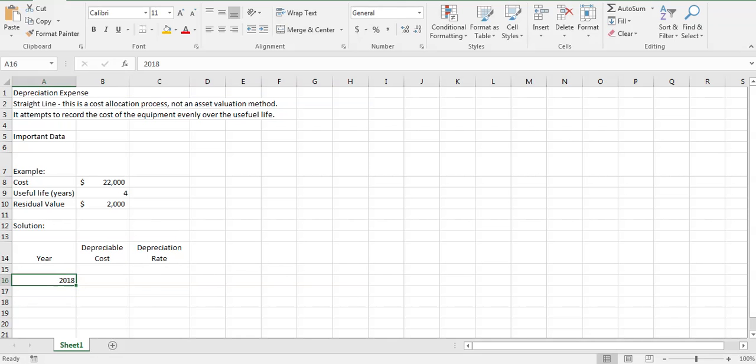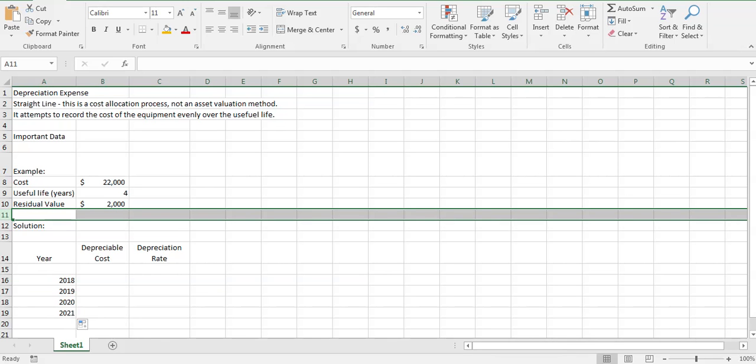And here I'm putting the year. It will be 4 years starting from 2018 and 19, and then we need to autofill the rest of the information. It is only 4 years, but if it is 20 years, then the autofill function of Excel is very useful.